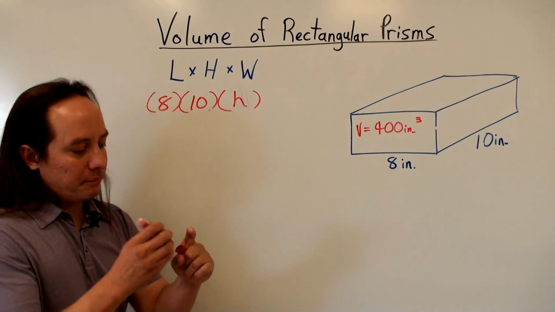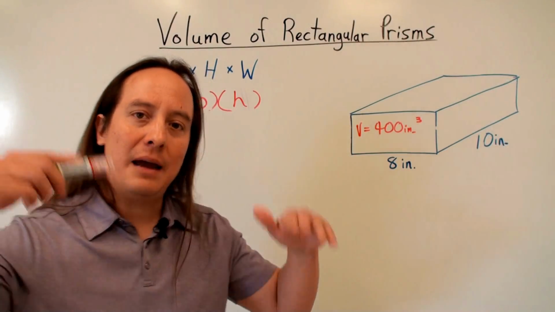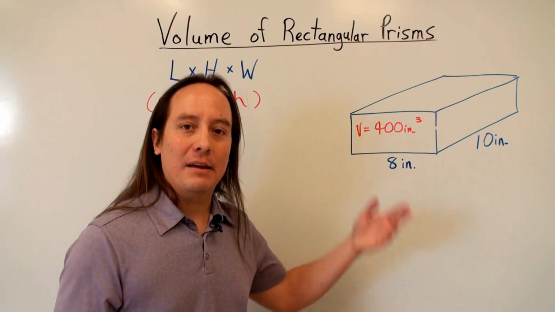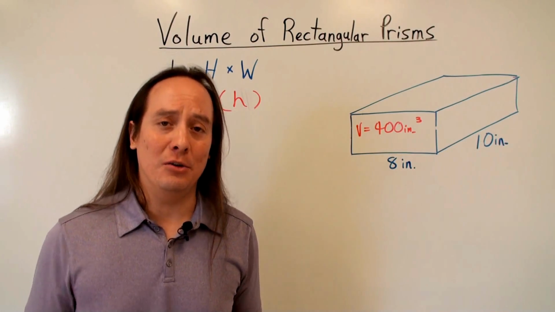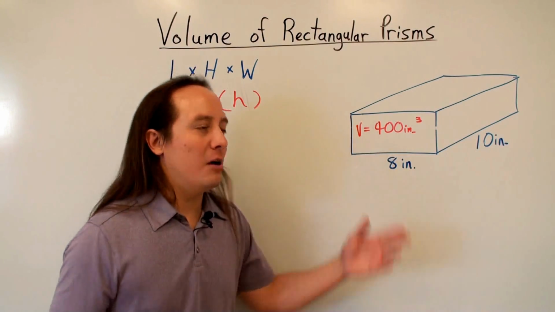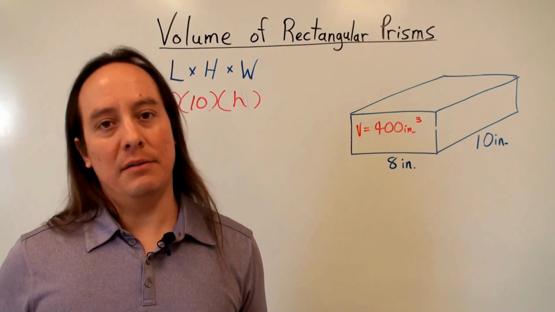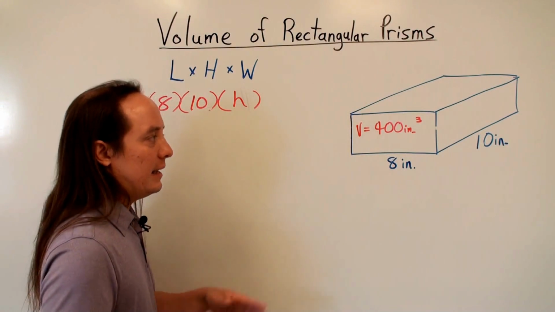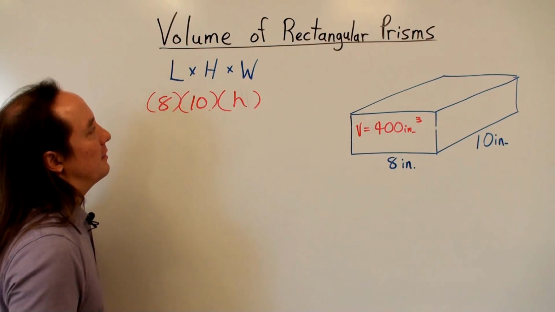So again, like when we were doing the cube, the thing we have to ask ourselves is, how did they get 400? What did they do to get 400 as the volume? So if they give you the volume, then you have to understand. You have to start out at the formula of the volume. How do you find the volume of any rectangular prism or any box, right? The cube or this kind of box.